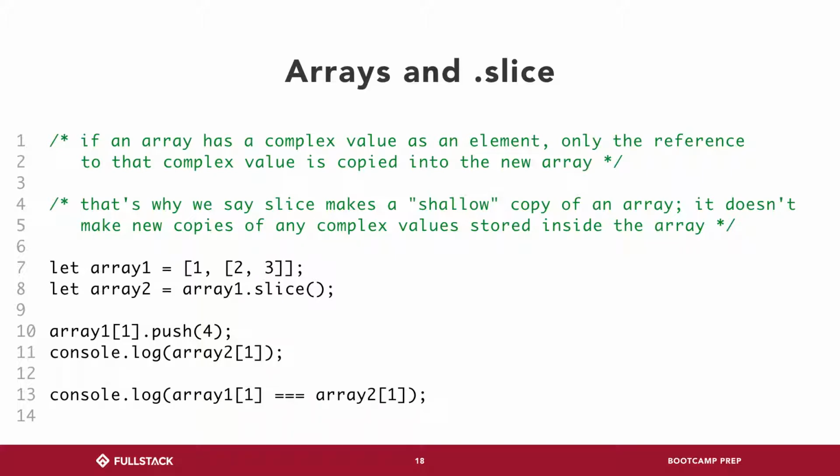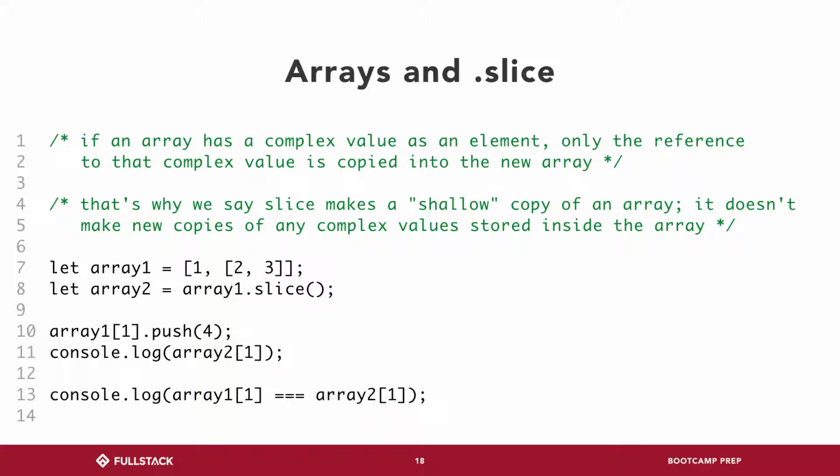So to check that, we now log out array 1, the first index, is it equal to array 2? Yeah, so this is before we just made that example. It was what was on the board 2 minutes ago. Basically, this one was still pointing up here.